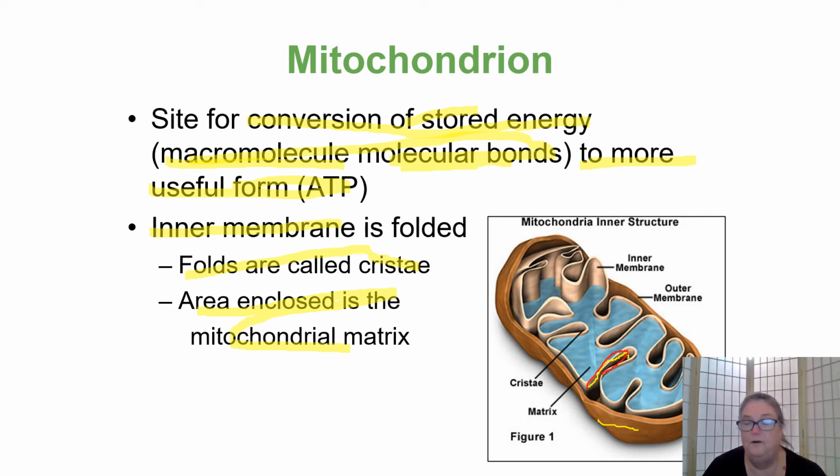And inside that inner membrane we have the matrix. There's a lot more going on here, but this is easily recognizable. The mitochondria is easily recognizable in an illustration. This is showing it cut open, and its function is to form ATP. It is the site of cellular respiration.